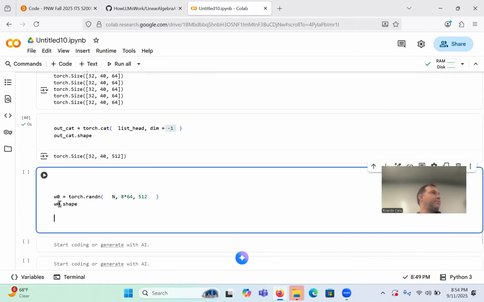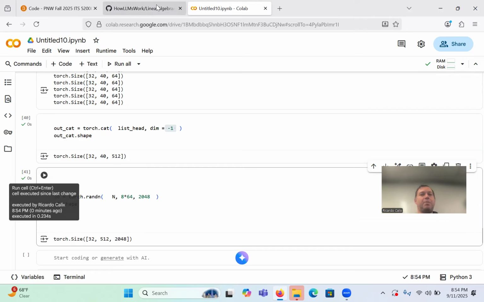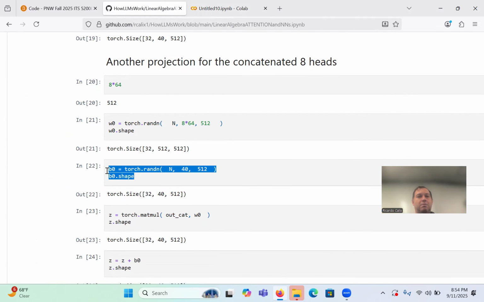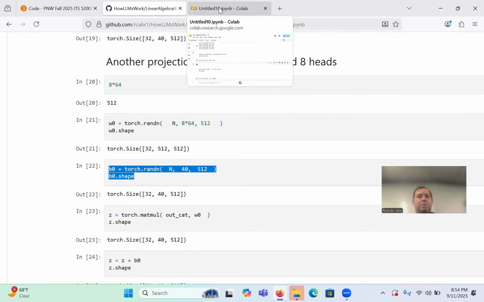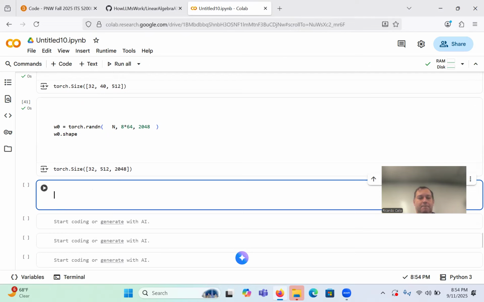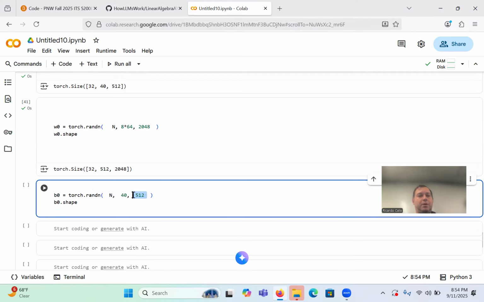I'm going to use a different name, W0, and it's going to be 8 times 64, which is 512, by, and I can make this 2048, just for fun. That's W0. Then I need a bias, of course. So 2048.